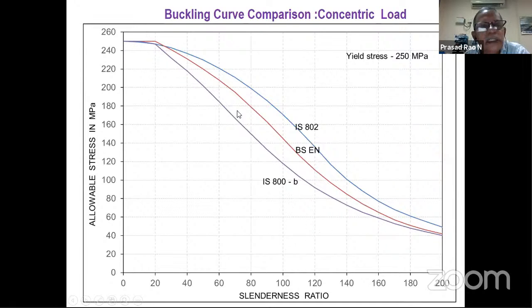From this itself, we can conclude that IS 800 curve B for angle sections has lower allowable stresses when compared to IS 802. And this is BS, the Eurocode, you can say, which is intermediary. The industry is dominating and not allowing a change from IS 802 to IS 800. Now it has finally settled on IS 802 only.